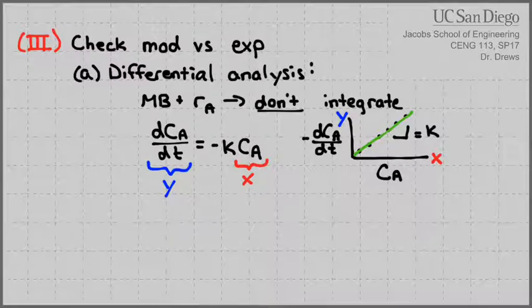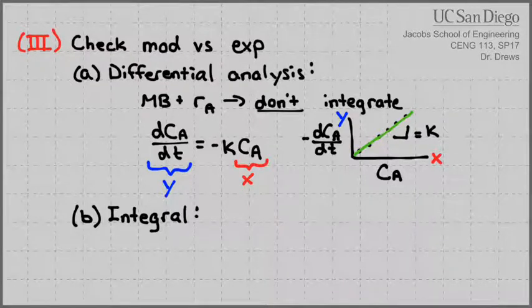The other version is related to that, which is the integral method, which is to take your material balance, combine it with your rate law, r_A, and you integrate.